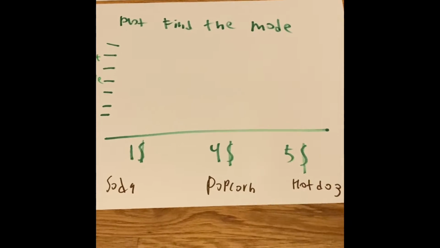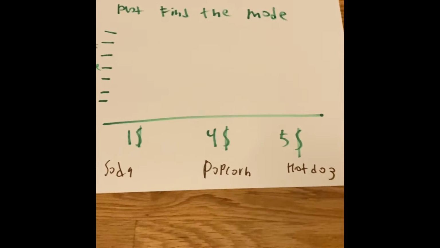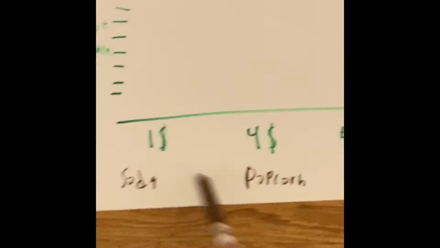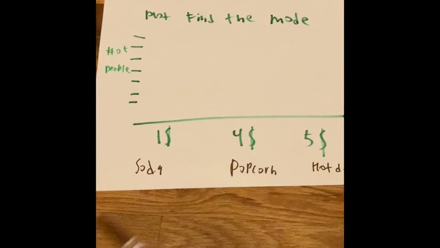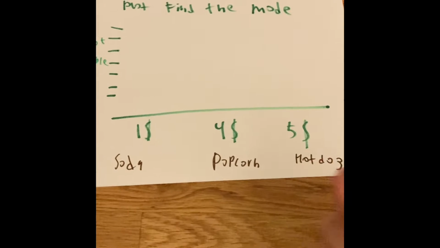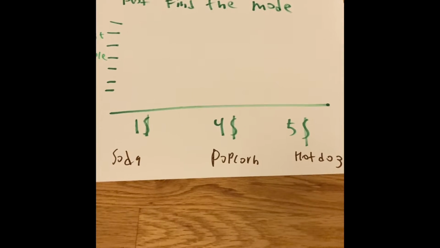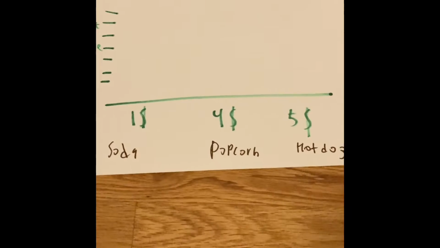Bar graphs are really good when you want to find which has the most sales or which has the most, and you categorize them like soda, popcorn, hot dog. You can be creative because it doesn't have to be these three. It could be cheeseburgers, the color red if you're asking what your favorite color is, what's your favorite school utensil, pretty much anything.